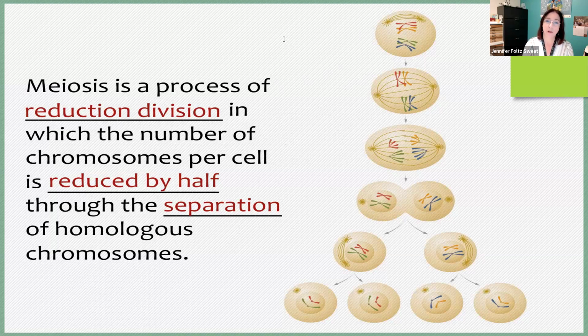That's what that means, right? You're going from 46 chromosomes to 23 chromosomes. So a couple things I want to point out here. Meiosis has 2 rounds of cell division, meiosis 1 and meiosis 2.